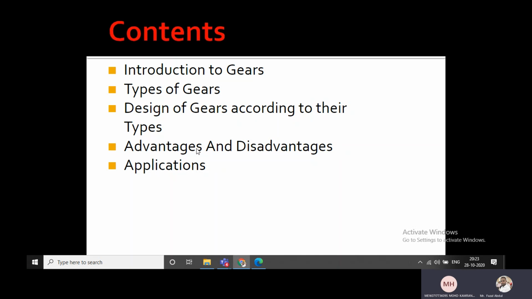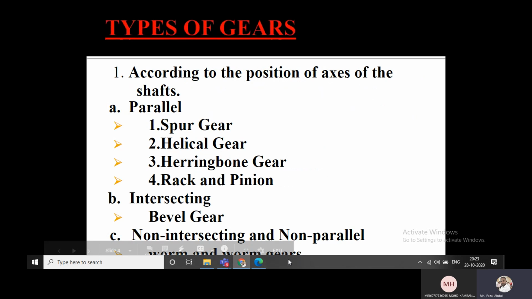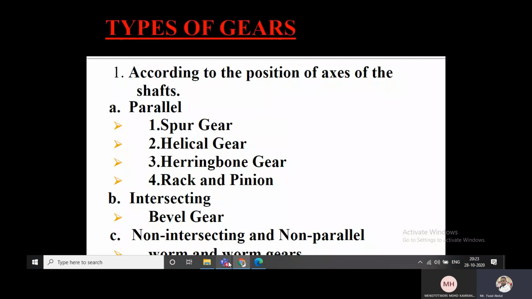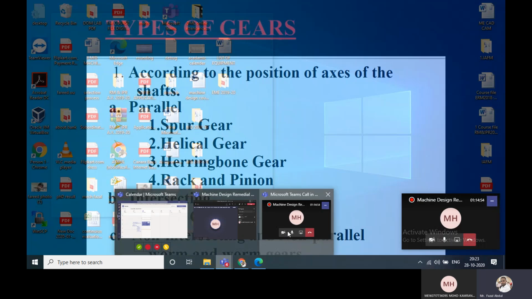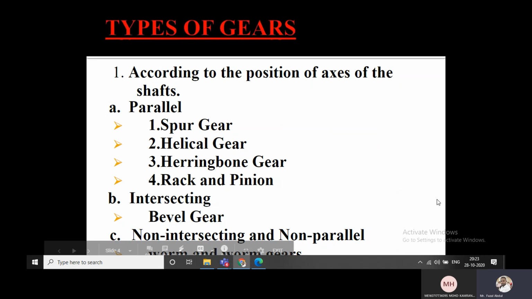Now types of gears. Types of gears are spur gear, helical gear, herringbone gear, rack and pinion gear. These gears are broadly classified based on the axis of rotation of the gear.